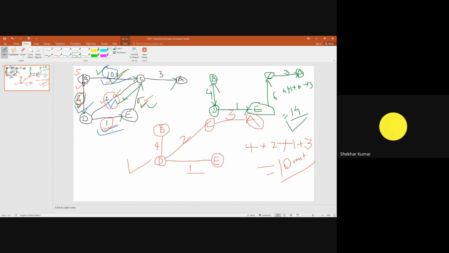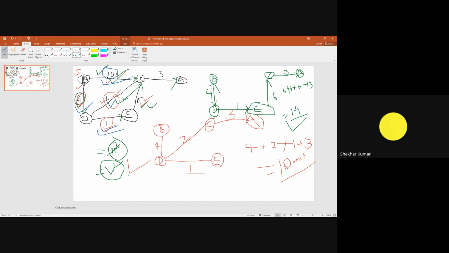then the time complexity will be the total number of vertices squared. That will be n squared, or in the graph you can also say V squared, because V is the number of vertices.